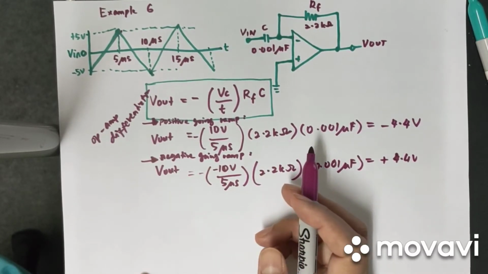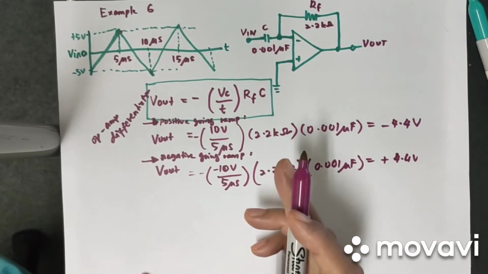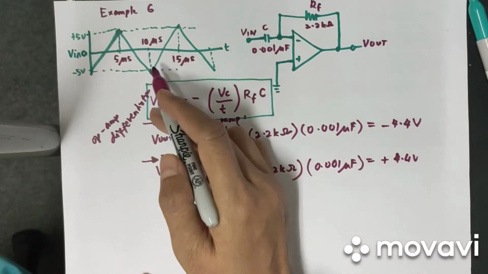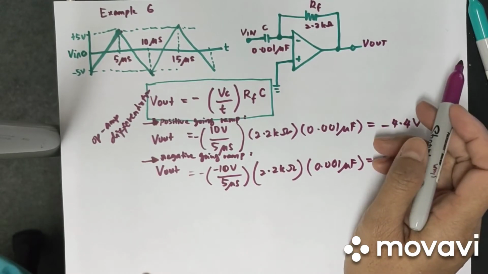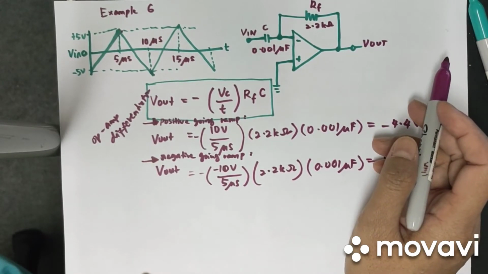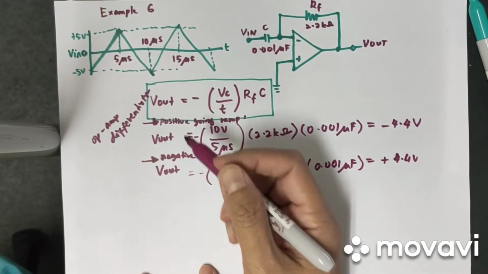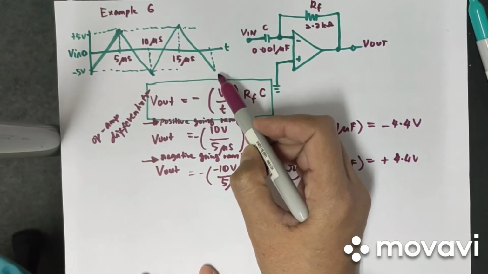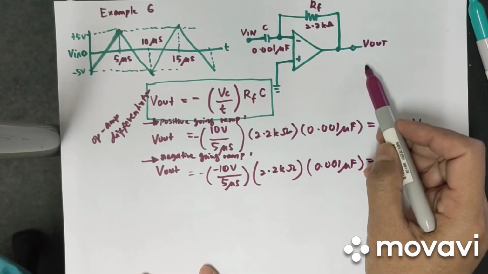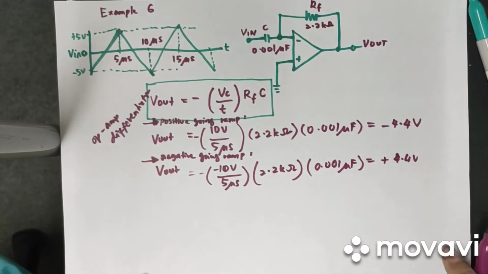Integrator kind of op-amp converts the signal from a square waveform input into a triangular waveform, whereas a differentiator op-amp converts the triangular input waveform into a square waveform output.